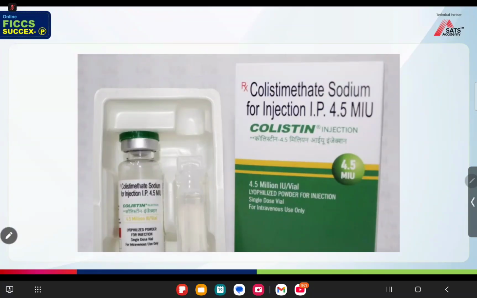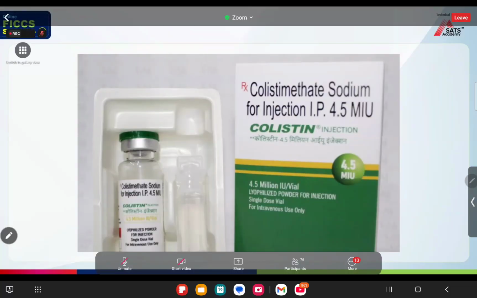Burkholderia. Okay. What else? Burkholderia, and... If you are not finding anything, at least say gram positive, it will not cover.